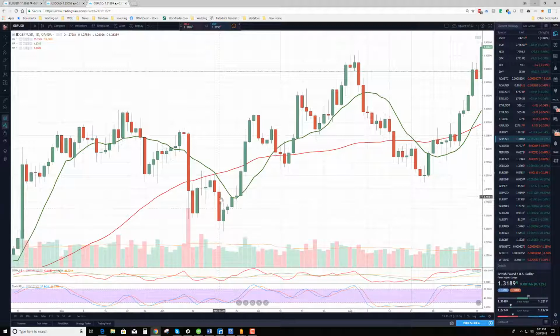Look how many people participate in the crossover, and then look how often those crossovers turn into traps. The behavior of a crossover system is that new traders respond to this lagging indicator and participate in a short, because that's what the crossover system teaches them.